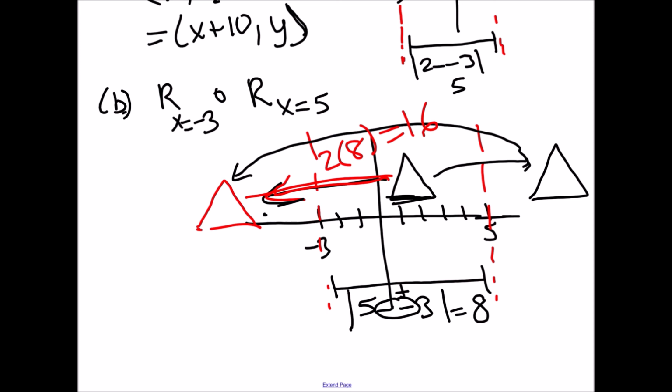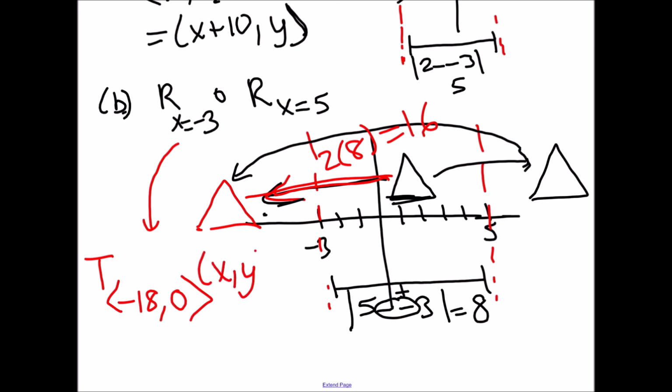And so now I can go ahead and finally say, well, this is the same thing as a translation, in which we take the figure and move it over to the left by -16 while not doing anything to the y. And this has to equal (x minus 16, y). So basically, we're taking all the coordinates in the original triangle and we're subtracting 16 from them.